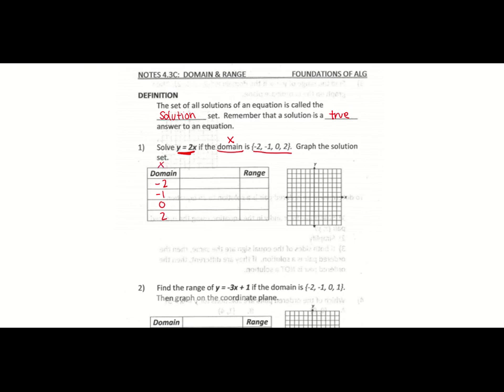So we have our x values here, y values here, and our equation is y equals 2x. So when I plug in these numbers, I have y equals 2 times -2. I'm plugging in my domain, and when I multiply that out, I have 2 times -2, which gives me -4.